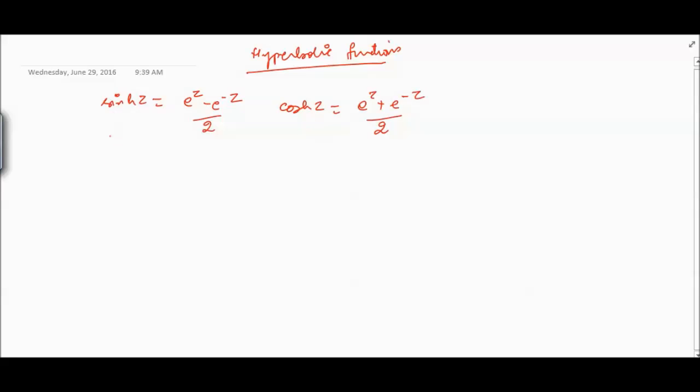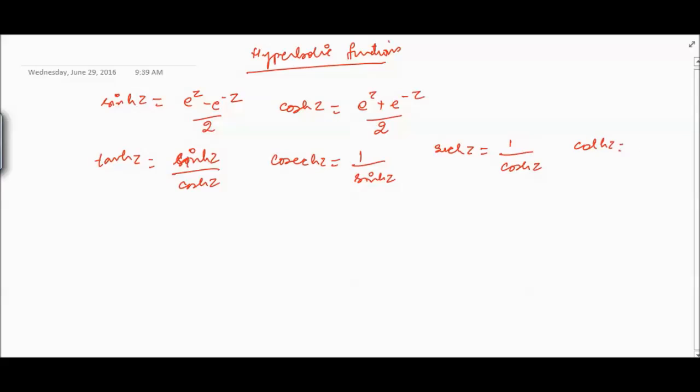Then we can use these to define tan hyperbolic of z as sine hyperbolic z upon cos hyperbolic z. Then we have cosecant hyperbolic of z as 1 upon sine hyperbolic z, secant hyperbolic of z as 1 upon cos hyperbolic z, and cot hyperbolic of z as cos hyperbolic z upon sine hyperbolic z, right?